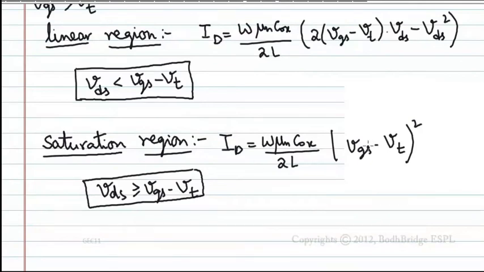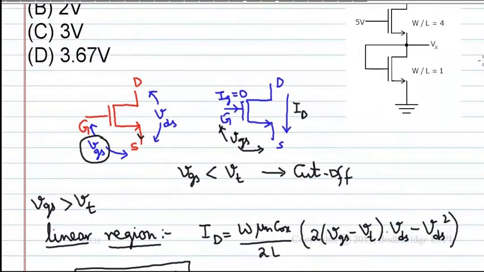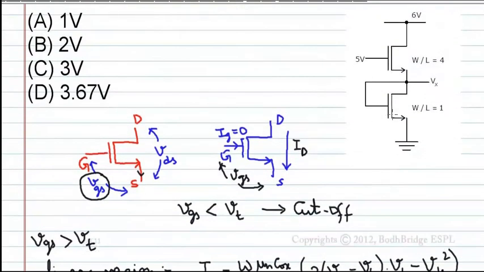This is called saturation region, where the current is constant. So in MOSFET, you should remember only these things. There are gate, source and drain. VGS less than Vt is called cutoff. VGS greater than Vt, there are two conditions, linear and saturation region, and the current equations are these. Now we should solve for this circuit.